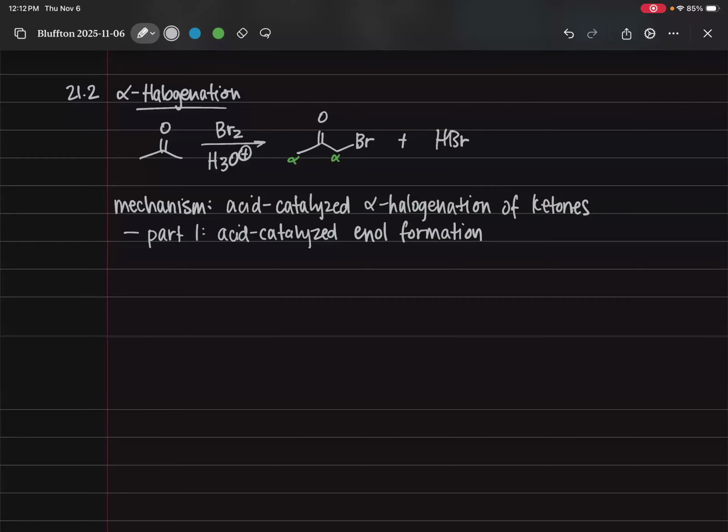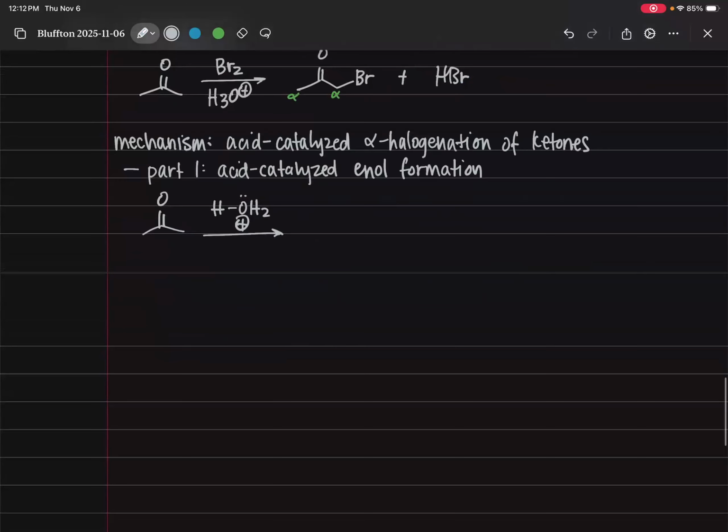So we know how to do that. We start with our carbonyl. We have H3O plus, our acid. The first step is to protonate the oxygen of the ketone, and we do that like that.